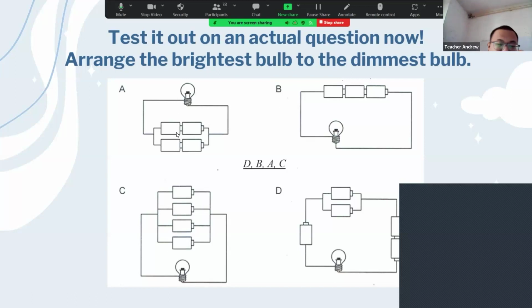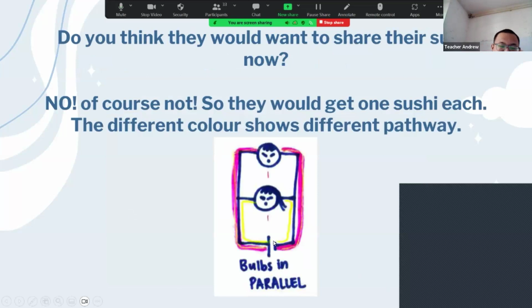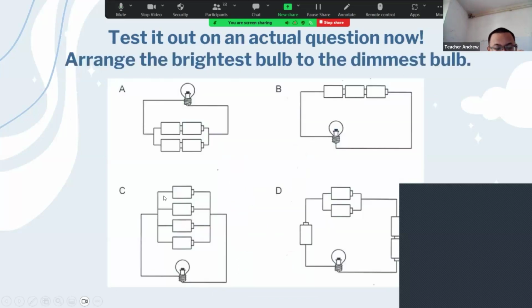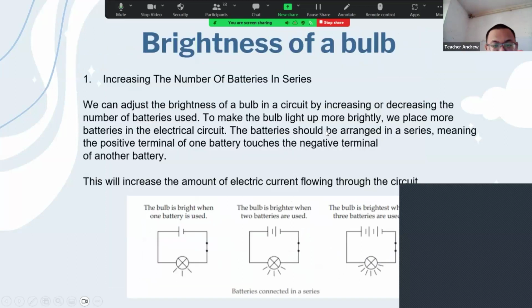Same thing here, even though there are 4 batteries here, only 2 make a complete circuit. As mentioned earlier with the sushi plate, traveling only 1. In this case, one battery completing a circuit, so traveling only one. Therefore, the answer is DBAC. All right, let's carry on.